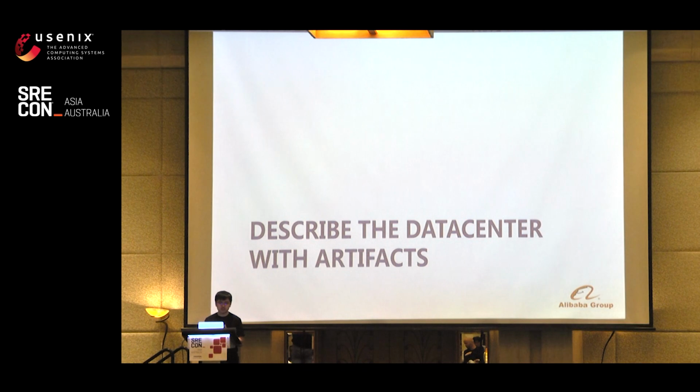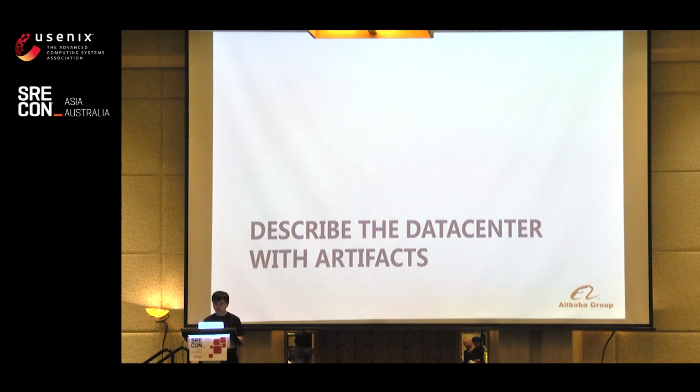Normally, this decision is made by the business people. The second thing is what capacity this data center will provide. And finally, how many physical resources we need in the data center.